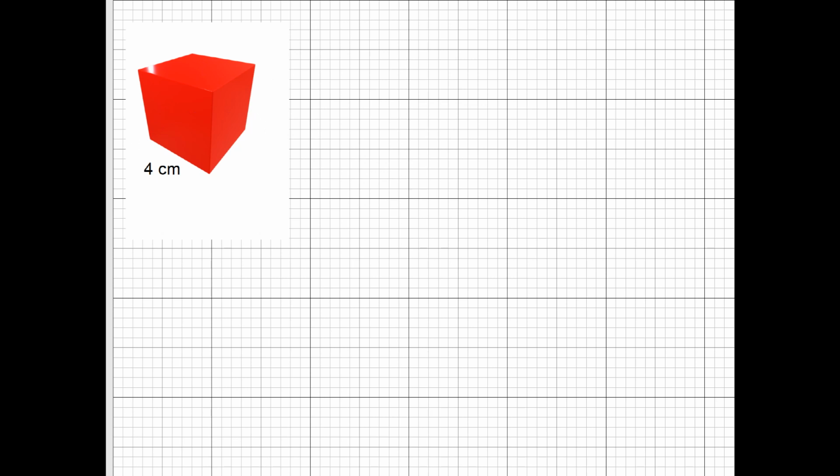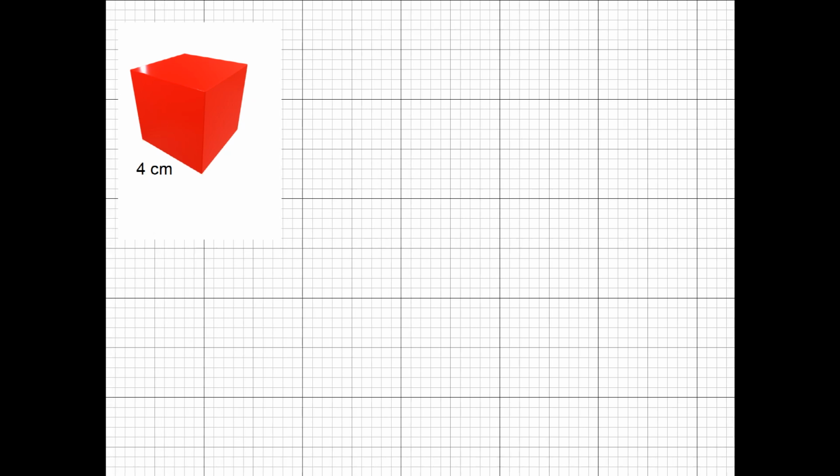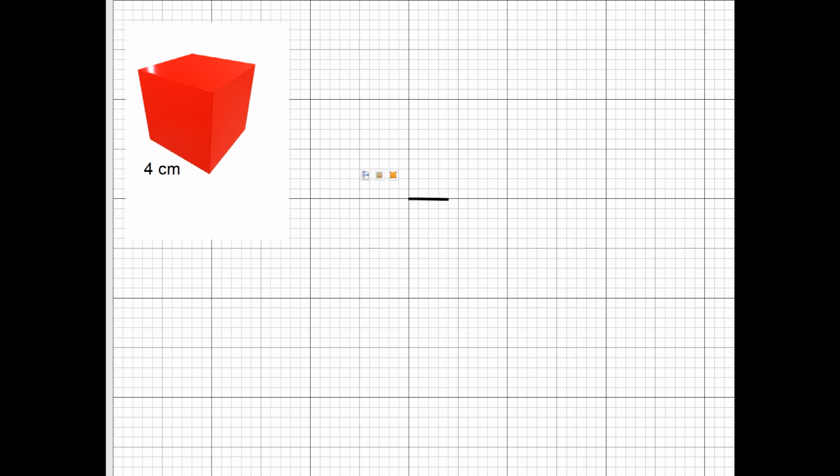So what I could do is get a ruler. Well, this is on a centimeter square grid, so I don't need a ruler, I just need to follow the centimeter squares. So I have 4 centimeters by 4 centimeters.